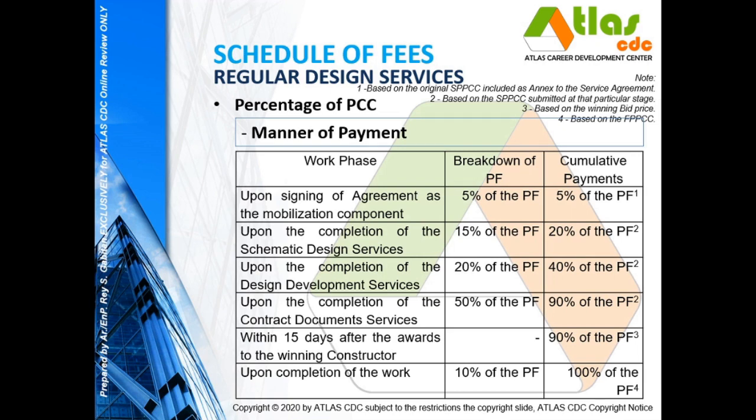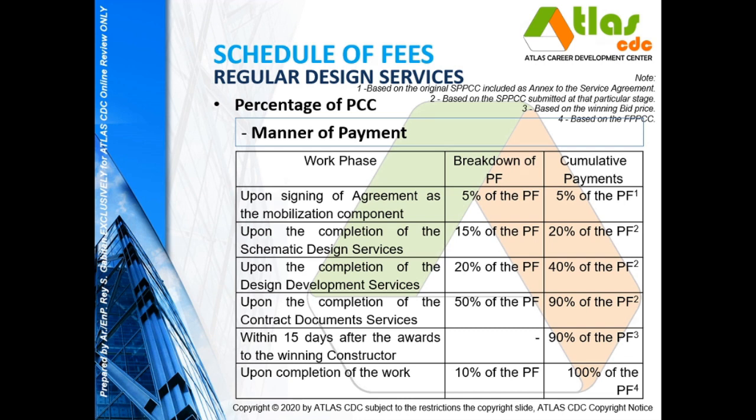So anyway, once you compute the 90%, you just have to deduct all previous payments made, so that whatever is the resultant will be your receivables.